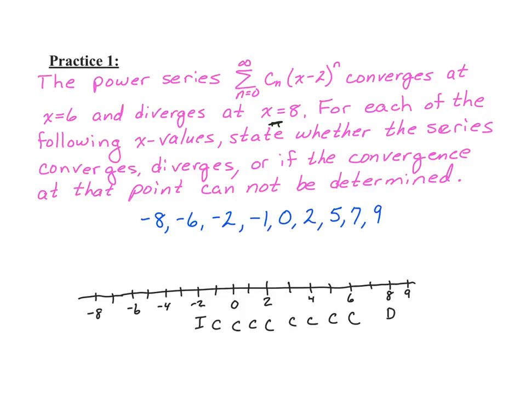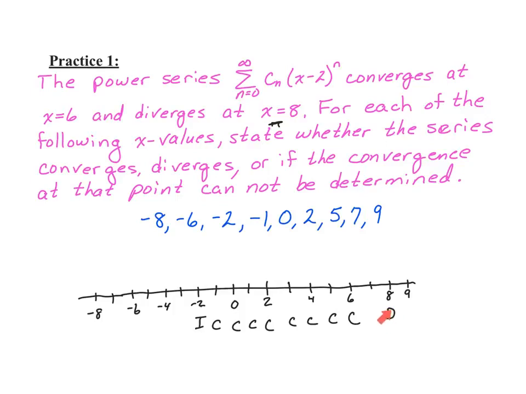Well, now what we want to do is think about this. What if this was our other endpoint? Well, it could have been the other endpoint, in which case 7 would converge. But since it does not converge at this, we don't know if this is an endpoint.